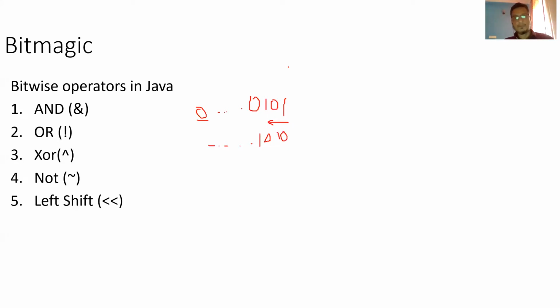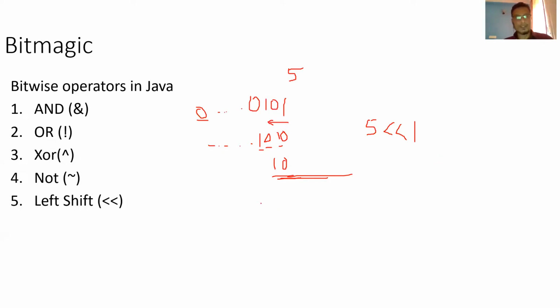So for example, if you have 5 here, now the new number will be 10. So this is 8, 4 is 0, and this is 2. So the output will be 10. So if you do 5 left shift by 1, the output will be 10. You take any number. As I was explaining, it is like multiplying by 2. So if you take any number and do left shift by 1, it will do a multiplication.